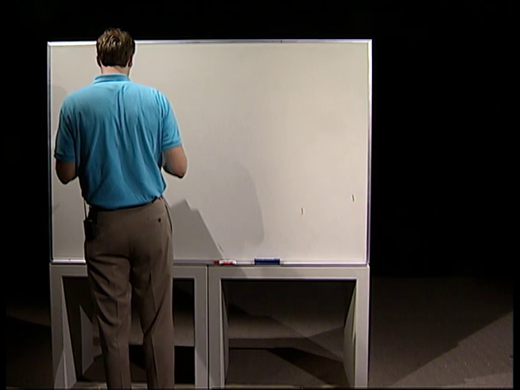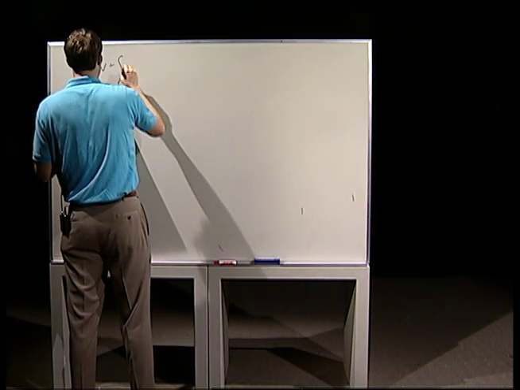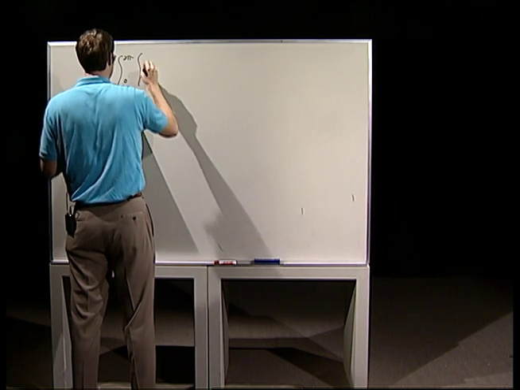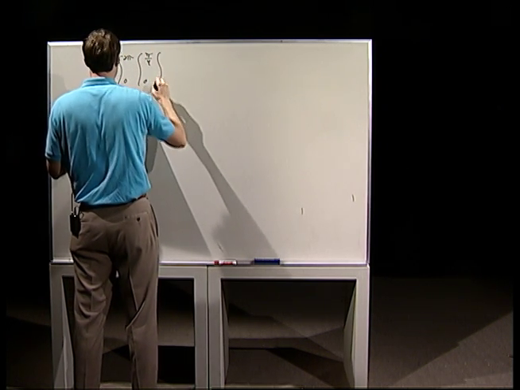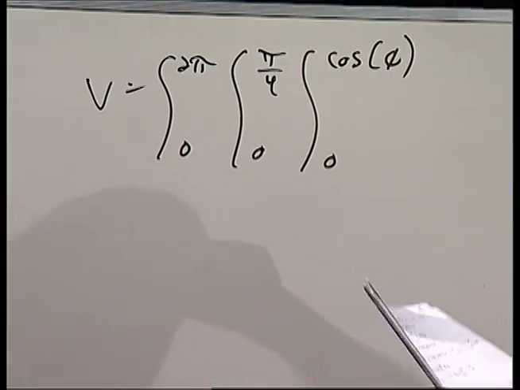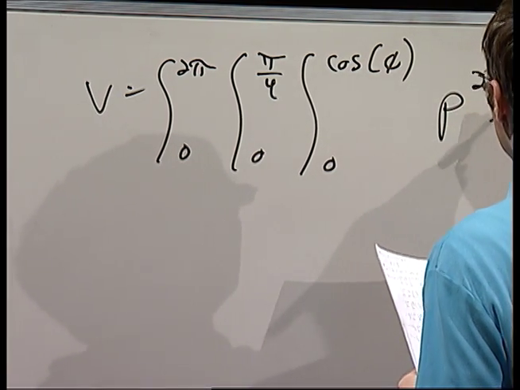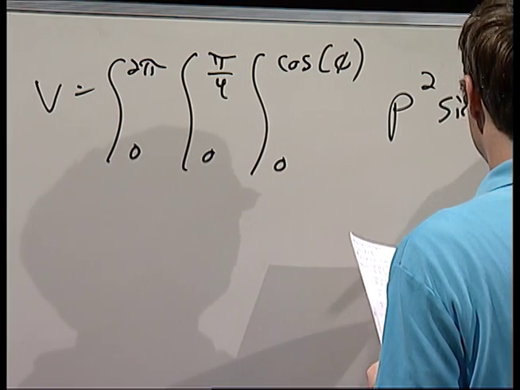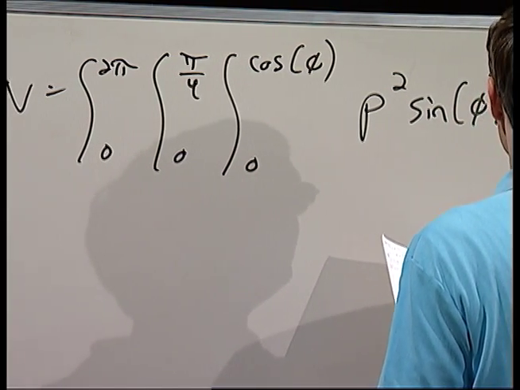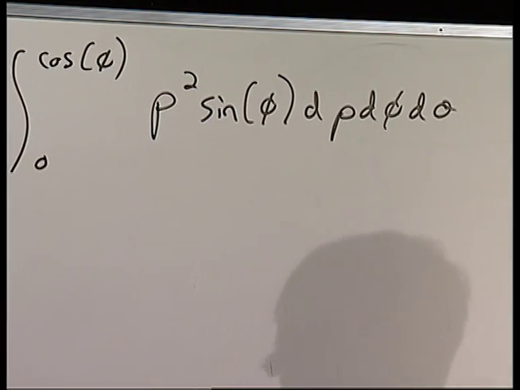So the volume: integral 0 to 2 pi, 0 to pi over 4, 0 to cosine phi. We're integrating the function 1, but there's always the extra integrating factor inherent here: rho squared sine phi d rho d phi d theta.